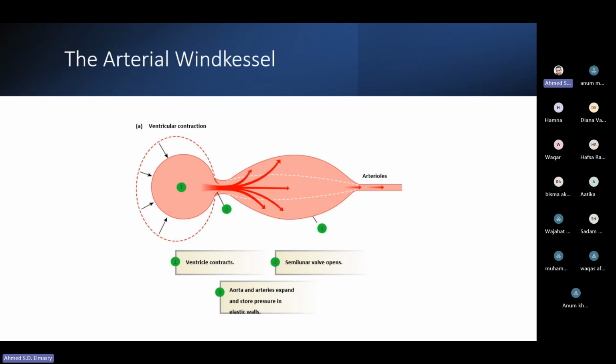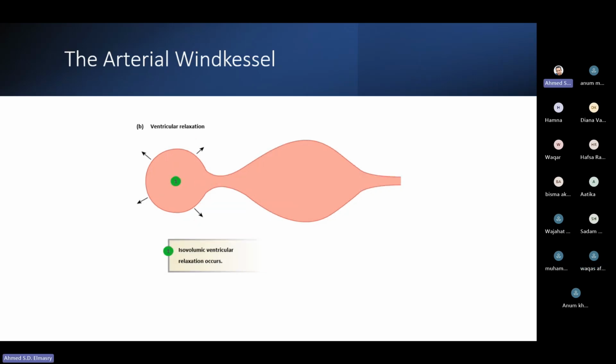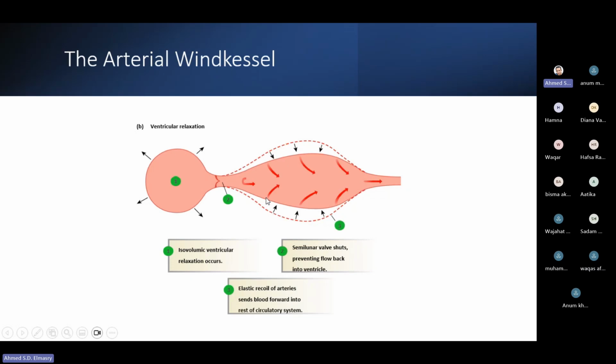Okay, understand. Going to the diastole, what will happen during the diastole is that the aortic valve will start the closure. There is no blood ejected by the heart to the aorta. But as you see, the aorta is still distended at this phase. So the elastic recoil will happen, and the blood that was stored inside the wall of the aorta will be directed to the periphery.